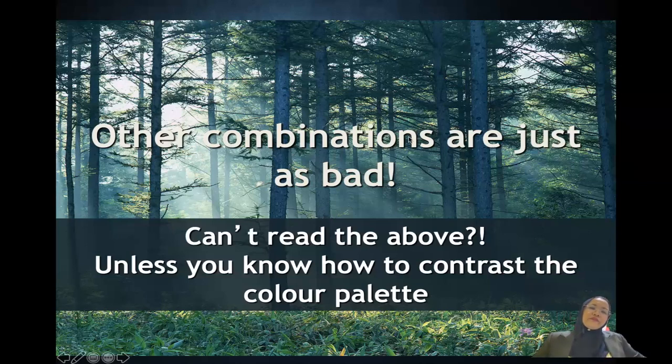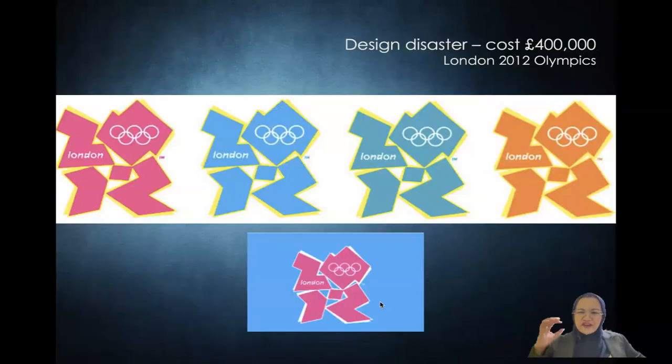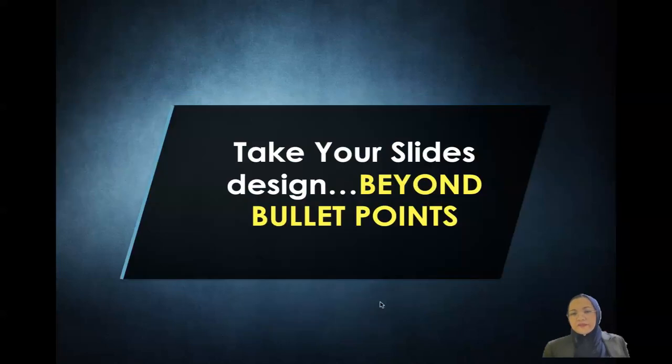When you combine these vibrant colors and animate the logo, people who look at it feel really dizzy. So the logo doesn't work, the color coordination doesn't work, it becomes a design disaster, and they had to take down the logo. This is one of the bad examples of design, color coordination too vibrant, which doesn't work.